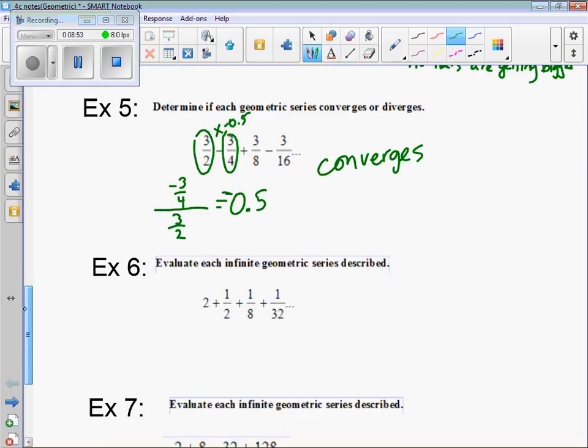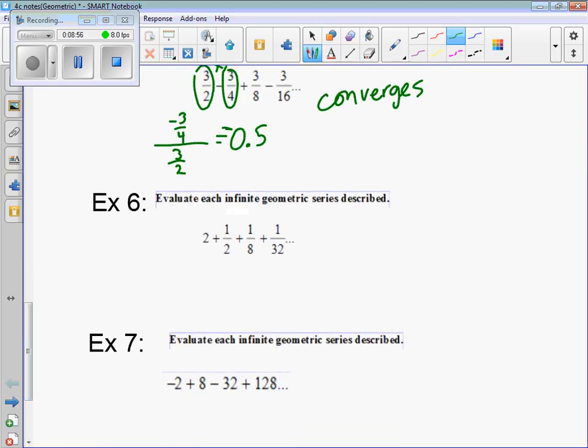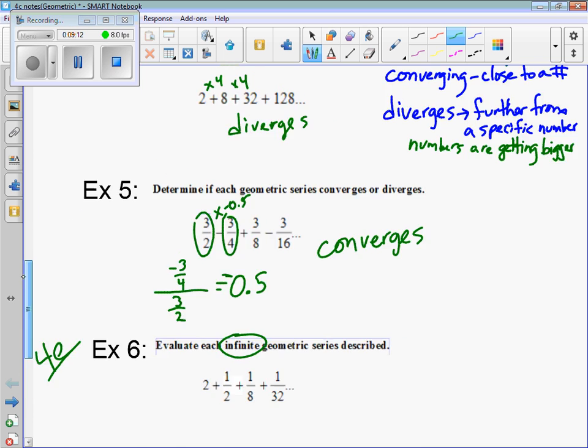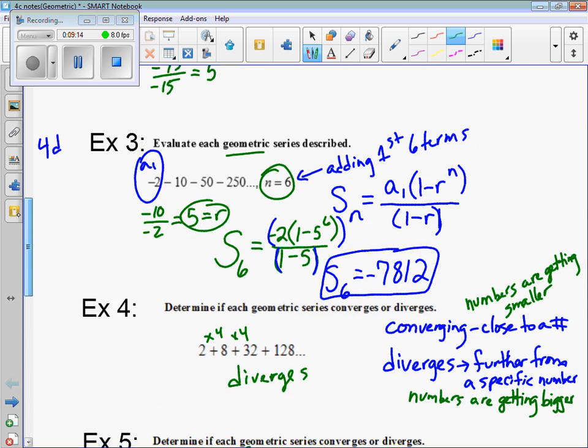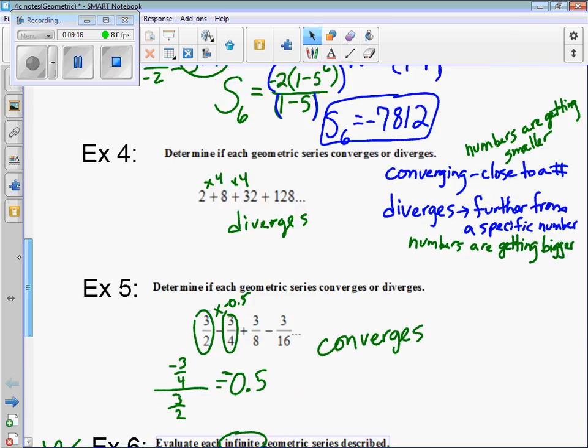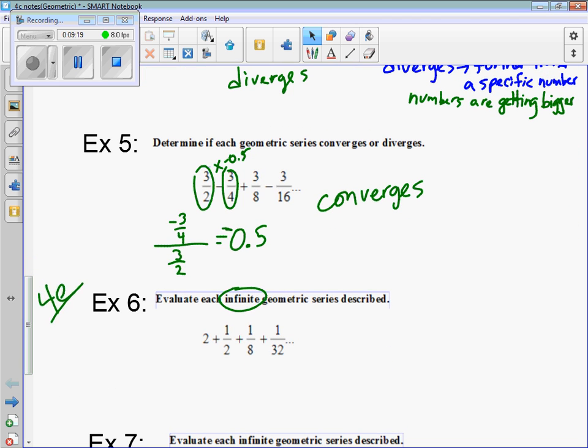Where you're going to use that is in number 6. We're going to evaluate each infinite geometric series. Infinite, this is technically where 4e starts. Actually, 4e is back up further, at example 4.